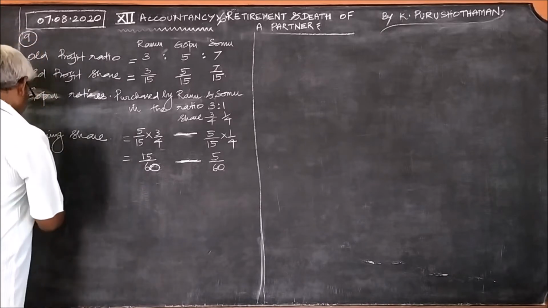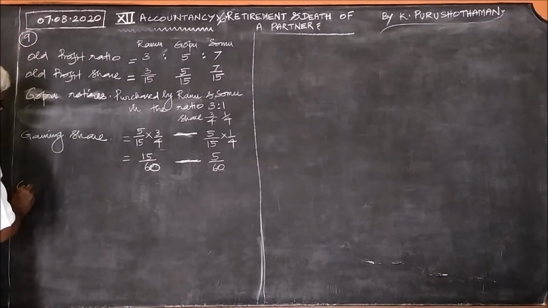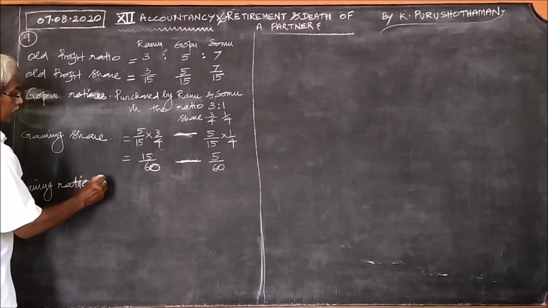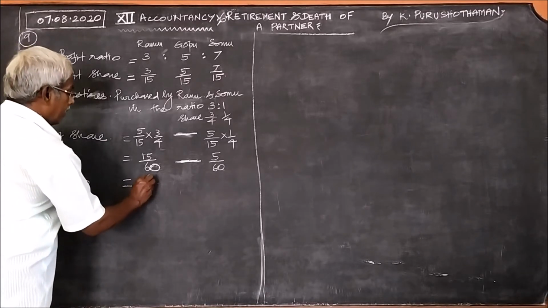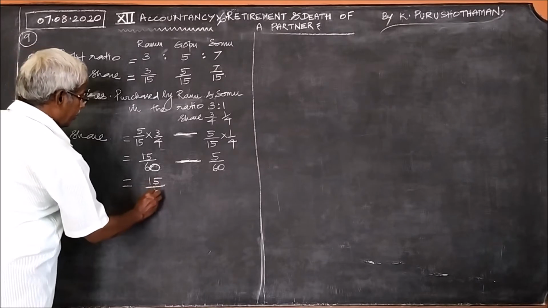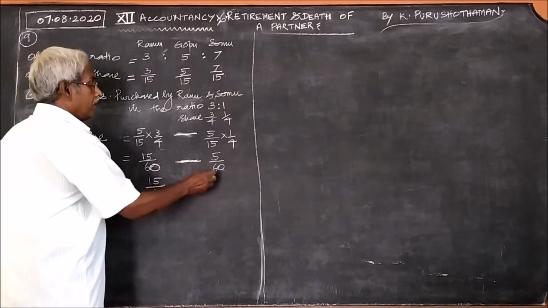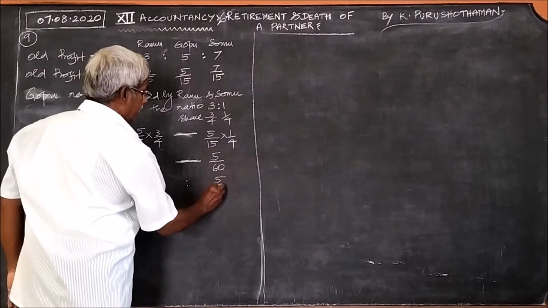So what about the gaining ratio? Gaining ratio is equal to 15 by 60 is to 5 by 60.